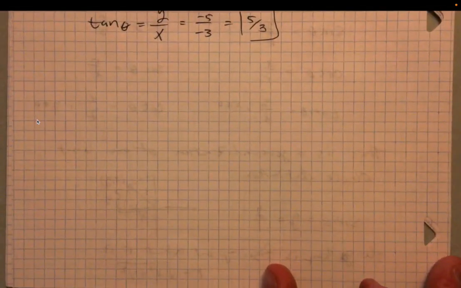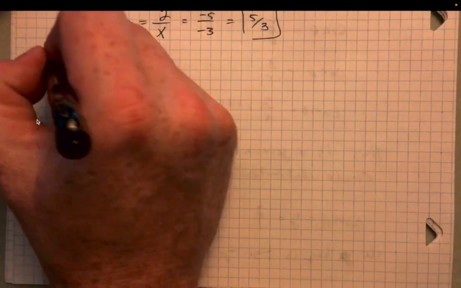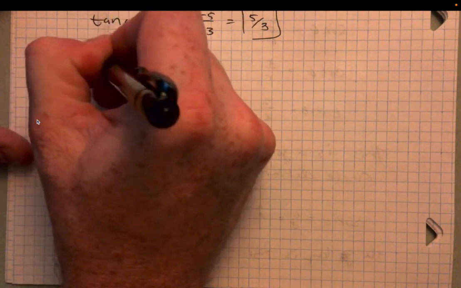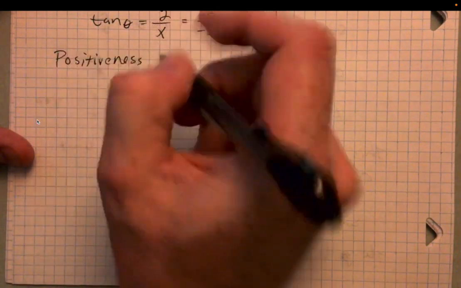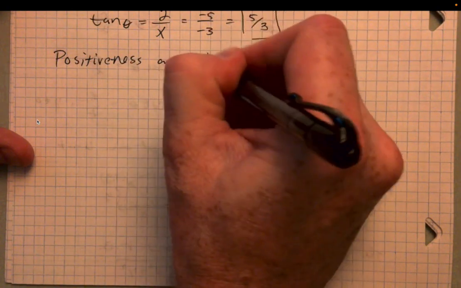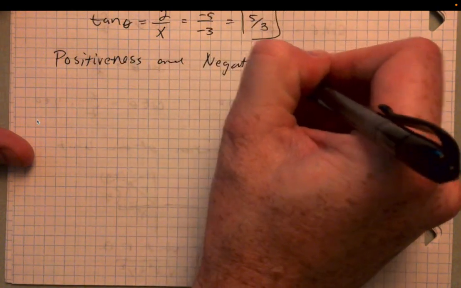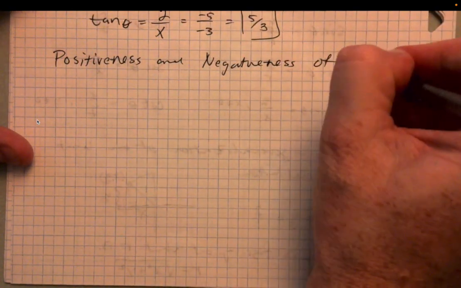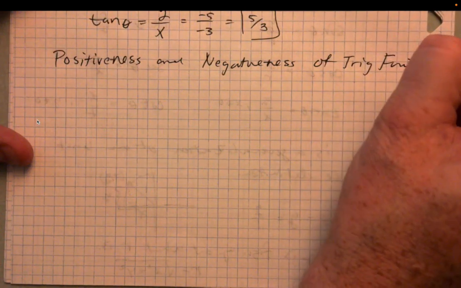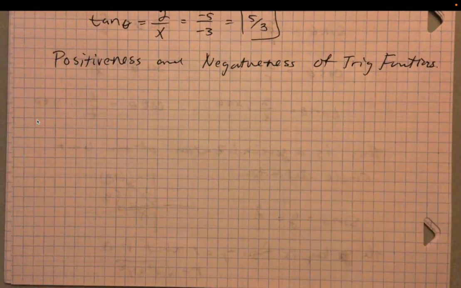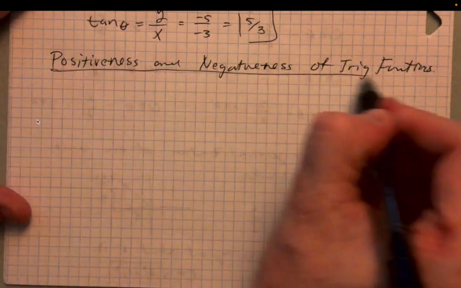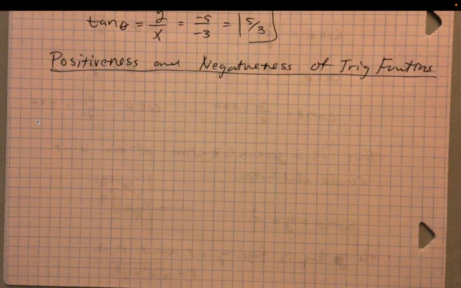Next, let's talk about positiveness and negativeness of trig functions. The positiveness and the negativeness of trig functions can be reliably determined by the quadrant in which the terminal side of the angle falls.